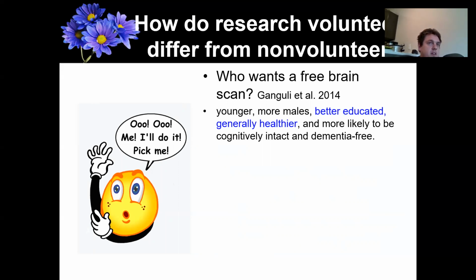So I'll give you a few more examples. Let's say I wanted to look at some sort of experiment to do with lifting weights and what is the best program for lifting weights, and I ran an experiment on that. Well, who would volunteer to do a weightlifting study? Would it be your typical average person?